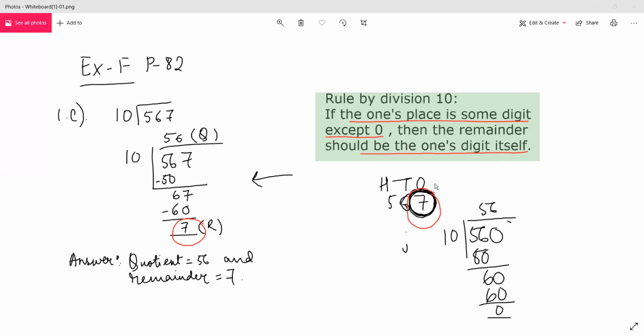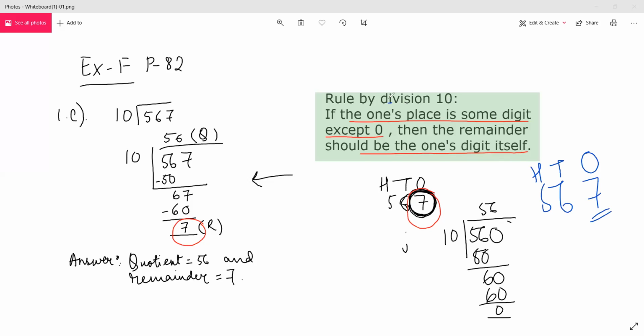That means, here you can see that if we are going to write a number, I am showing it by blue pen. Suppose I'm going to write 567, and the places are ones, tens and hundreds. In the ones place, what is the number?